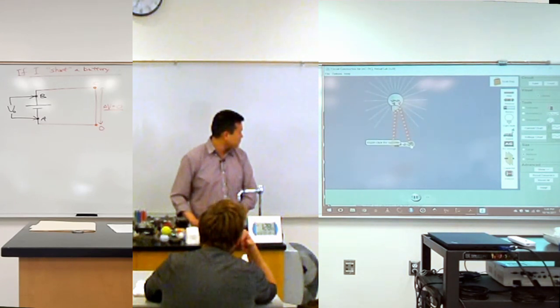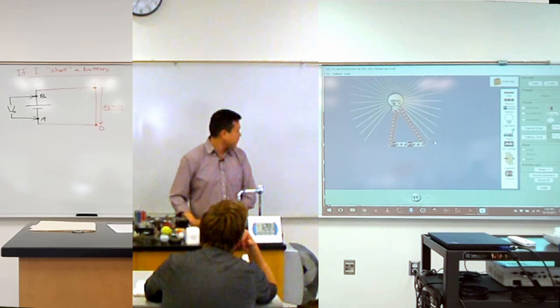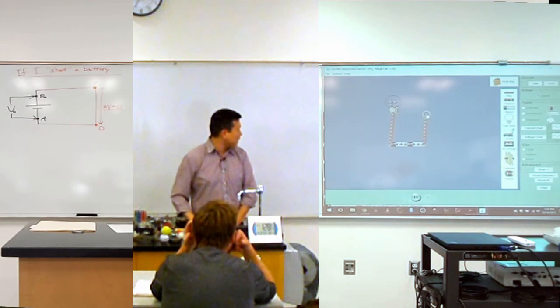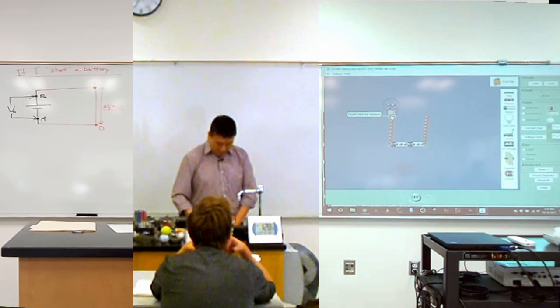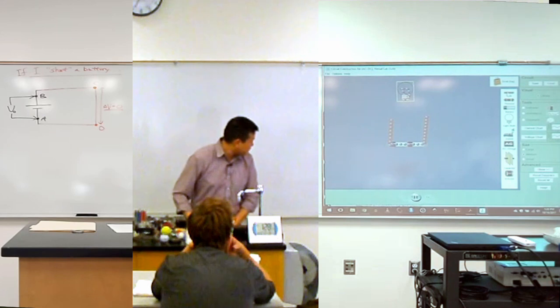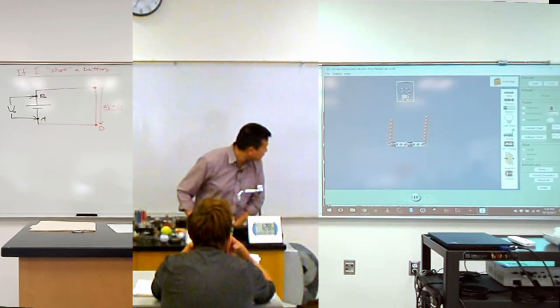Let me do it with two batteries so that it'll be brighter. All right, so if I hook it up to this, then it lights up the light bulb. So here what I'm going to now try to do is, you can maybe take it as given that if this light bulb lights up, it would be because, wait, can I?